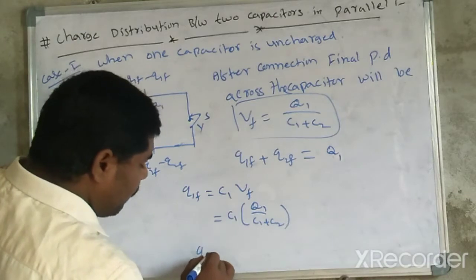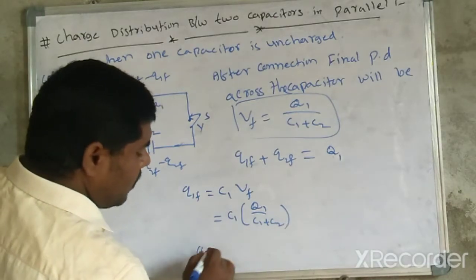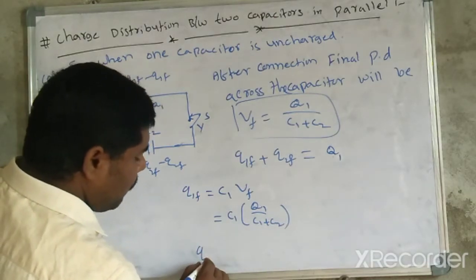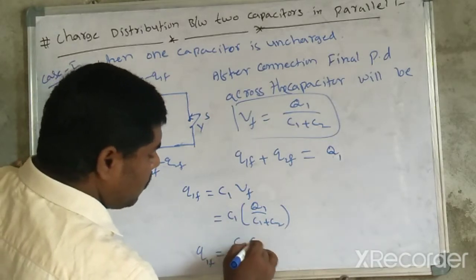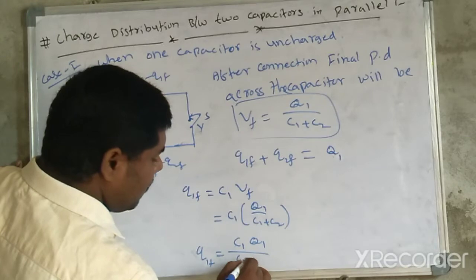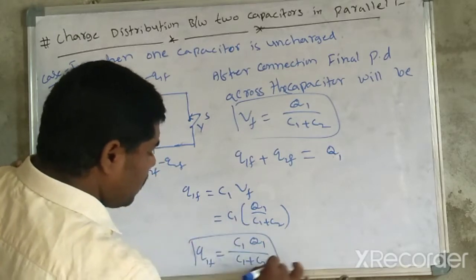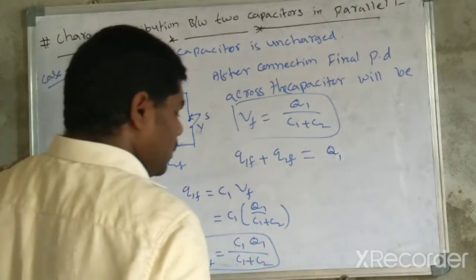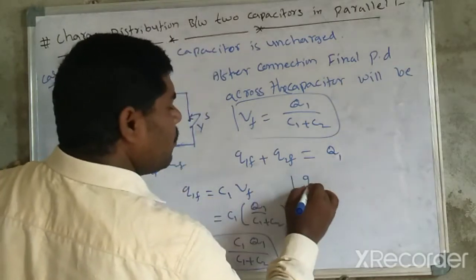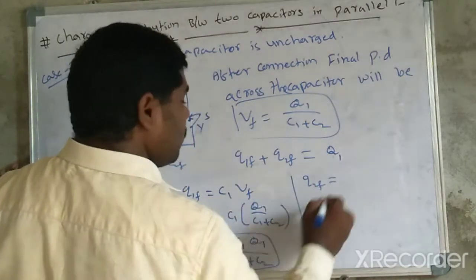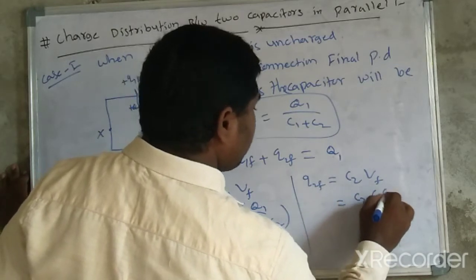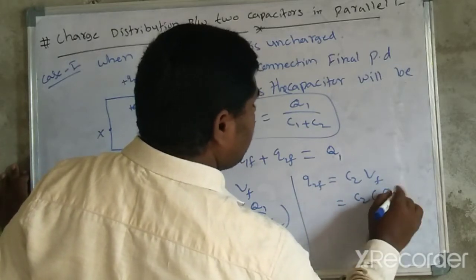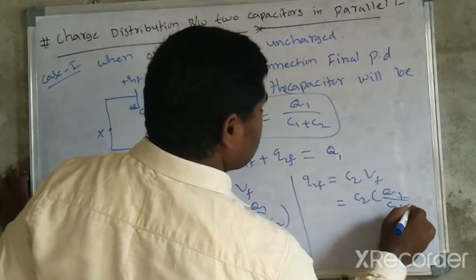So Q1 final is equal to C1 into Q1 divided by C1 plus C2. And Q2 final is equal to C2 into V final, so C2 into Q1 divided by C1 plus C2.